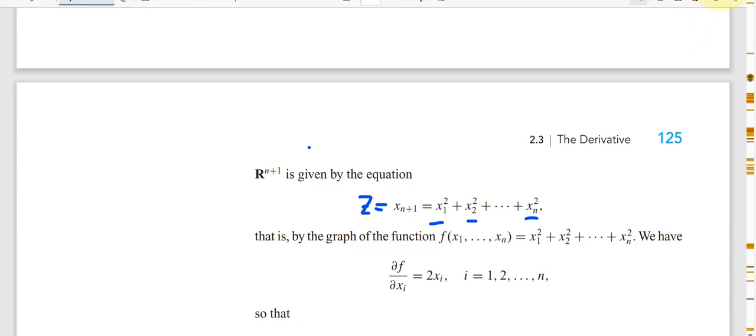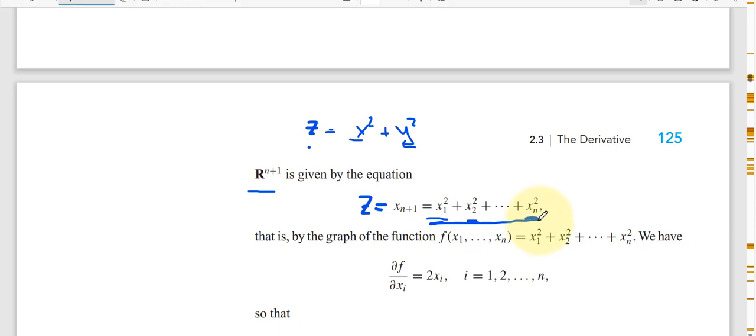To make it even more concrete, here x1 is x, and x2 I'm calling y. So that's a little bit simpler, and we only have two input variables and one output variable. Here we're just allowing for more, but let me do this one because I'll have to write less. But here she says this is in R n plus 1, but there are only n variables here.